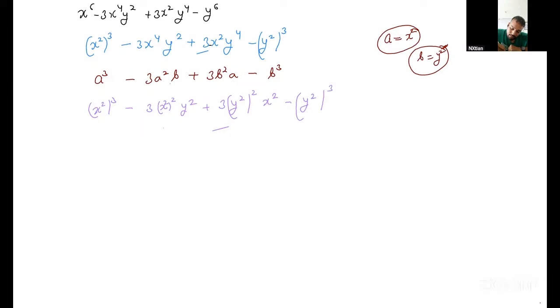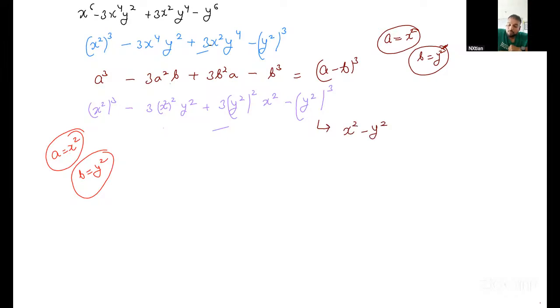So if you compare this, then a is equal to x square and b is equal to y square. Now what is the identity of that? The identity is a minus b whole cube. So a is basically x square and b is equal to y square, and the whole cube is there. This is the answer.